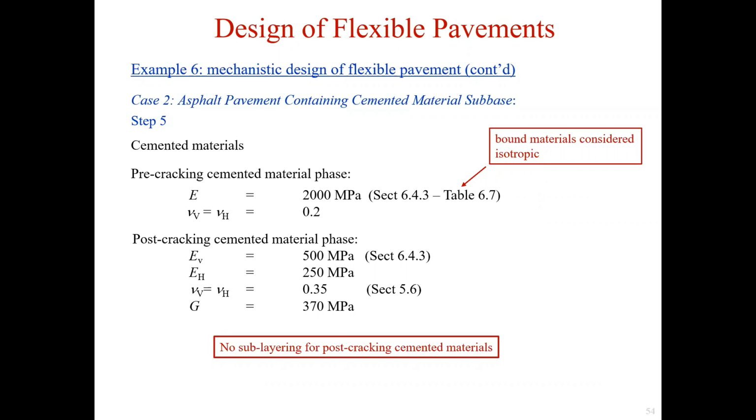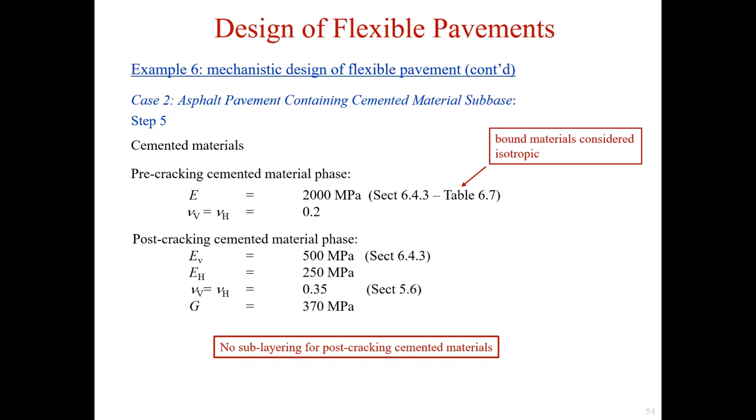Step 5 is to determine the elastic parameter for cemented materials. As discussed, we need to consider both the pre-cracking and post-cracking cemented material phase. For pre-cracking material phase, we could choose E and mu from table 6.7.